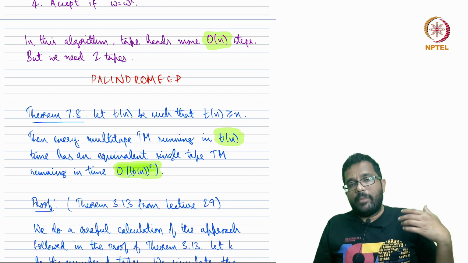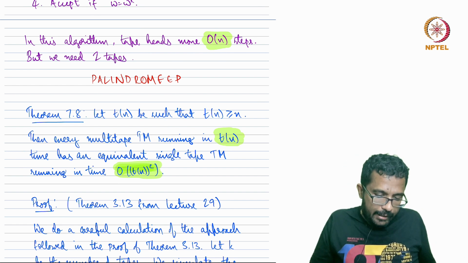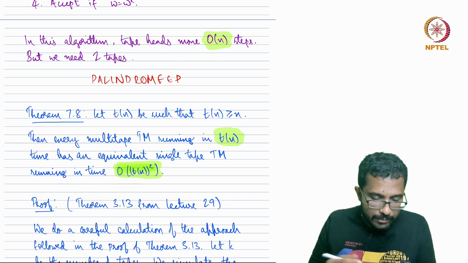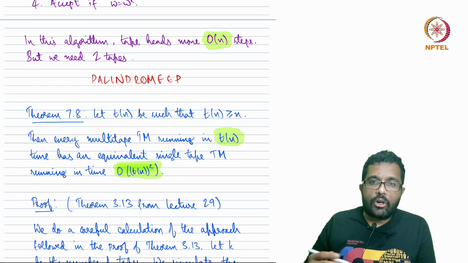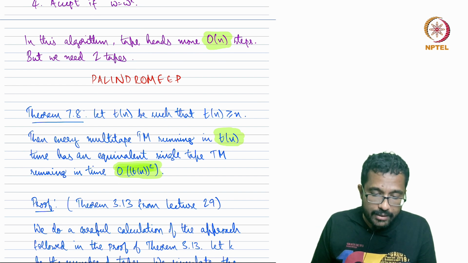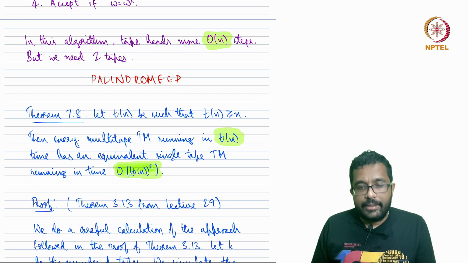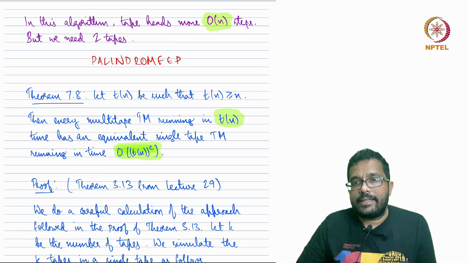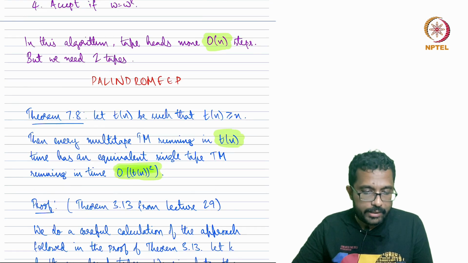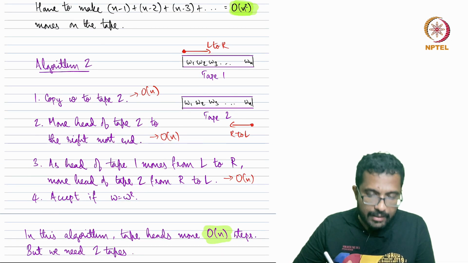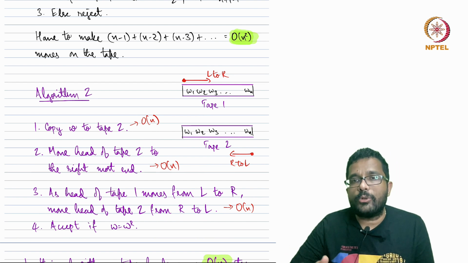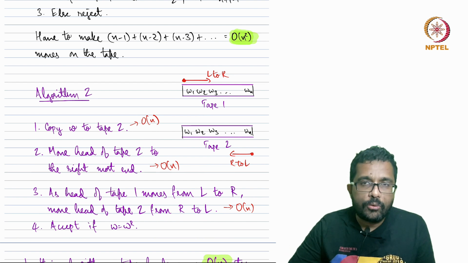So if the multi-tape Turing machine takes T(n) time, the single tape Turing machine takes only T(n) squared time. So it takes more time, but the more time is not unbounded, it's bounded by the square of this, right? And so for instance, if a multi-tape Turing machine takes n time, which is what is happening here, there is a single tape Turing machine that takes no more than n squared time.